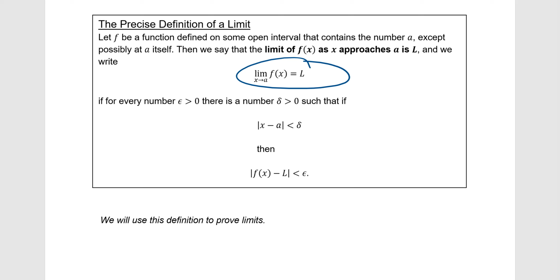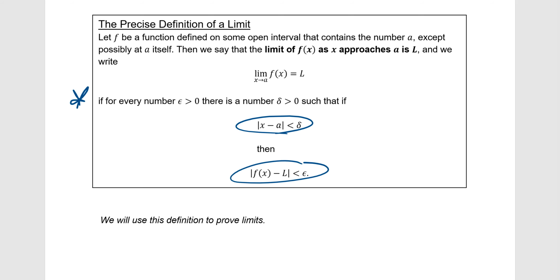And we say that that is the limit if, here's the important part, for every positive epsilon there is a positive delta, such that if the absolute value of x minus a is less than delta, then the absolute value of f of x minus L is less than epsilon.